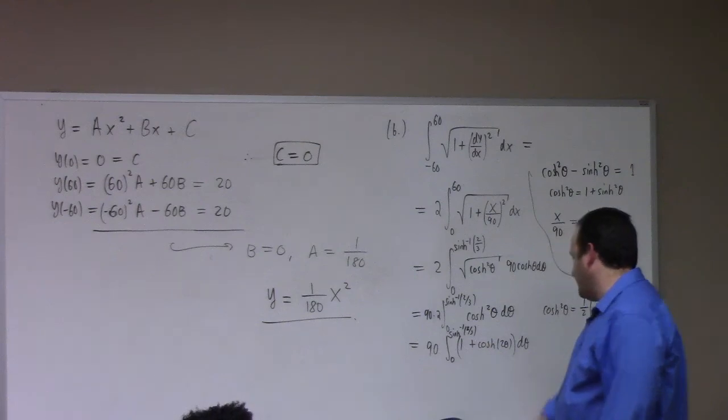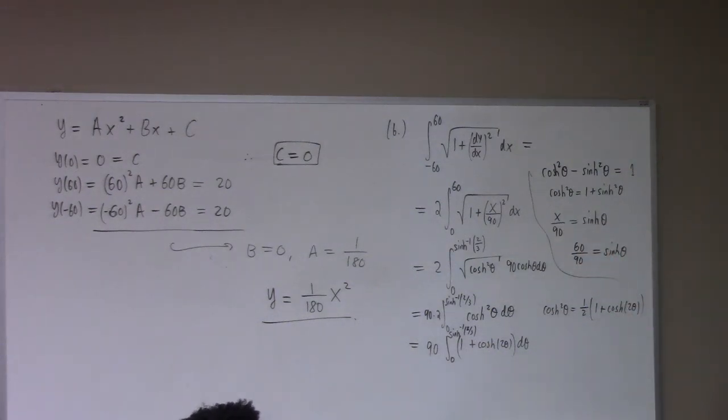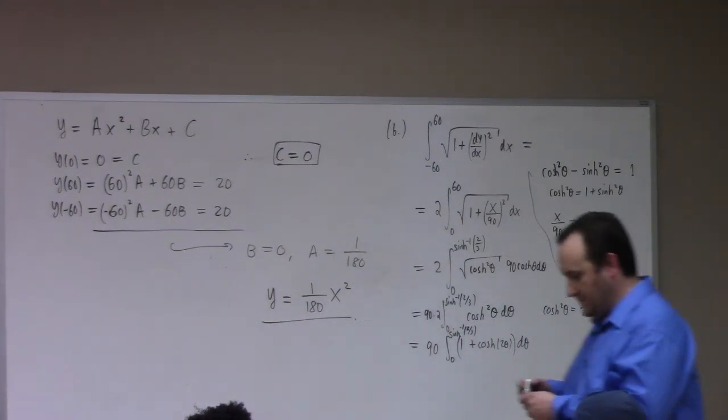Sorry, it's getting small. But anyway, you can finish the integral, right? If you sort through it in exponentials, you could actually find an exact value here, if you sort through the trigonometry.